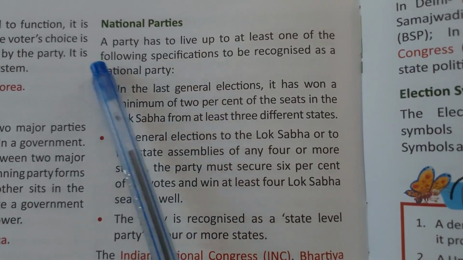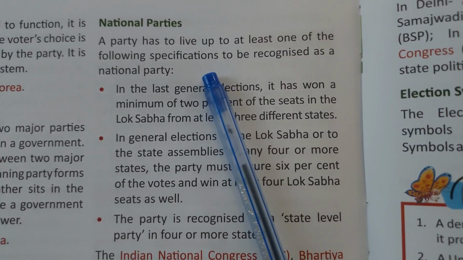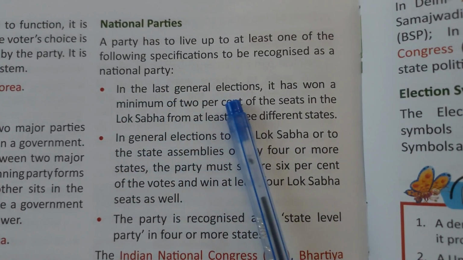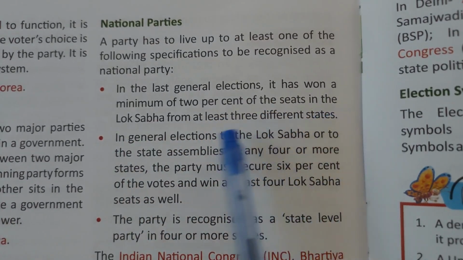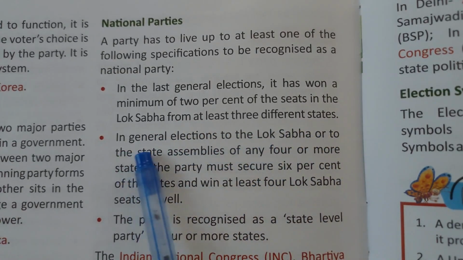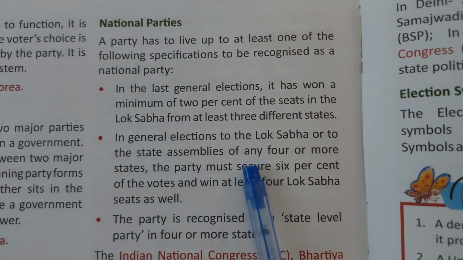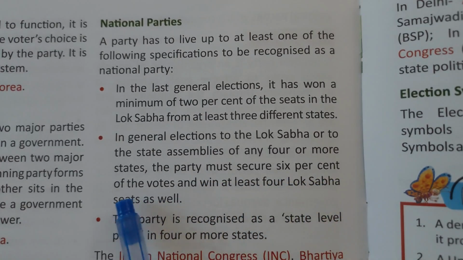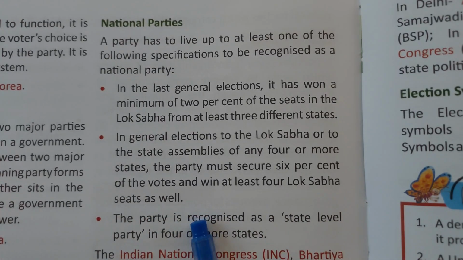National parties. A party has to live up to at least one of the following specifications to be recognized as a national party. In the last general elections, it has won a minimum of 2% of the seats in the Lok Sabha from at least 3 different states. In general elections to the Lok Sabha or to the state assemblies of any 4 or more states, the party must secure 6% of the votes and win at least 4 Lok Sabha seats as well.